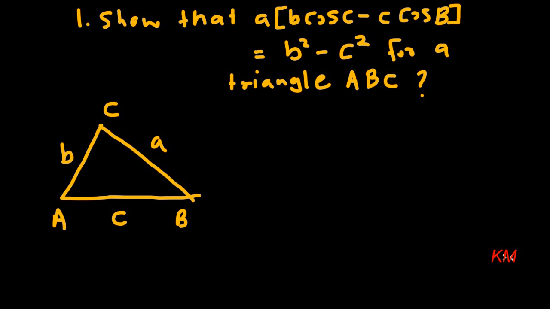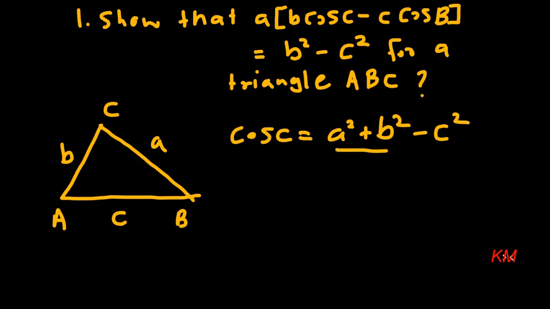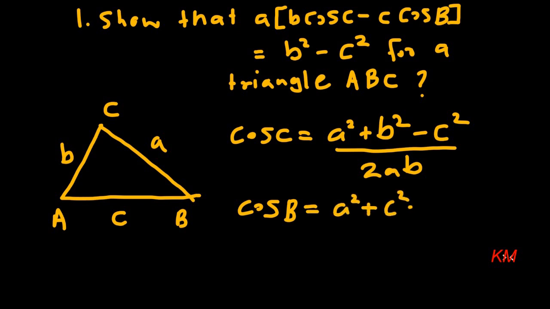According to the cosine formula, we can write down cos C equals a square plus b square minus c square totally divided by 2ab, and cos B equals a square plus c square minus b square divided by 2ac.